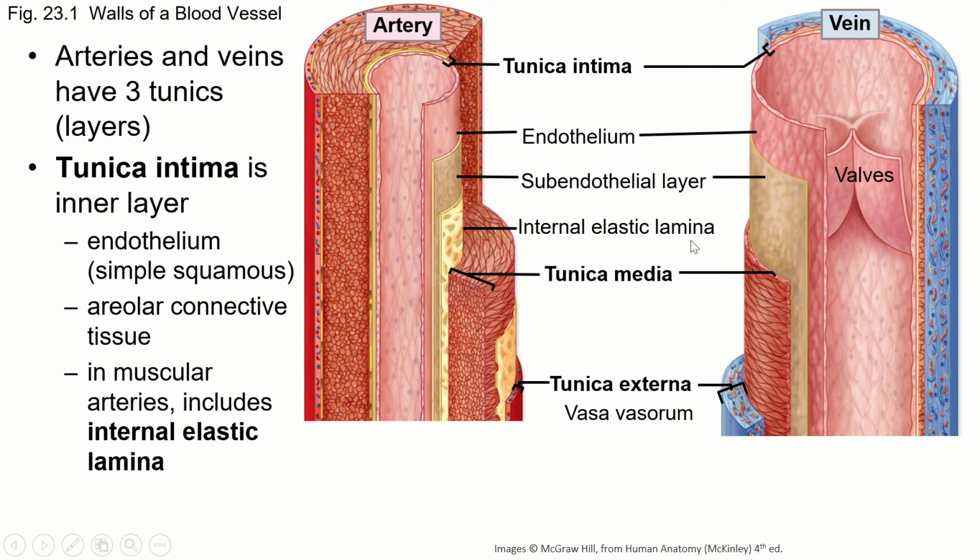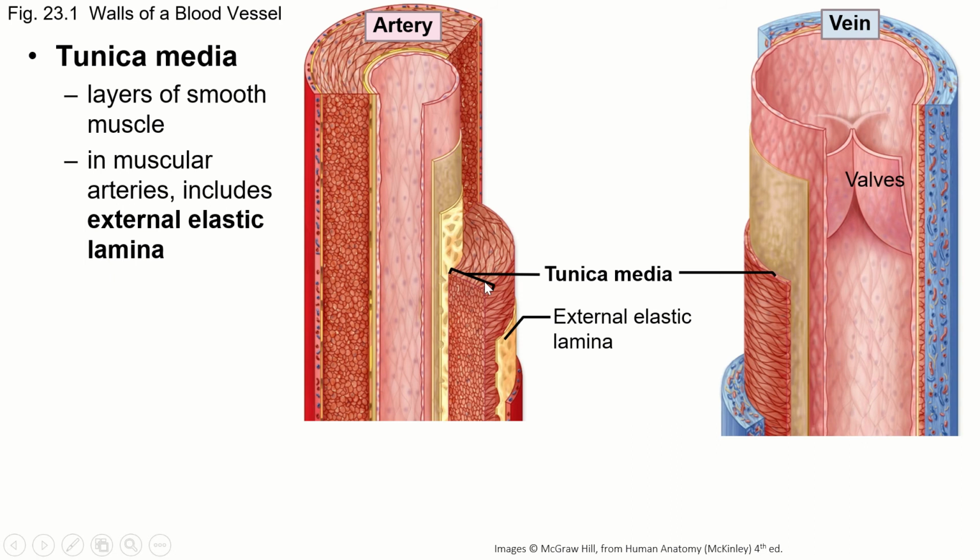Think of if you laminate something, you put layers of plastic on the top and the bottom. So a lamina is just a layer. So we're going to have an internal elastic lamina, and guess what? Yes, we're going to have an external elastic lamina as well. The internal elastic lamina is part of the tunica intima. Notice we don't have that elastic lamina in the veins.